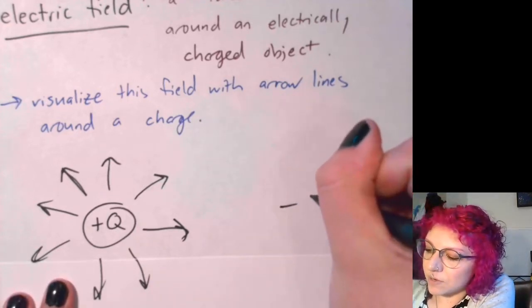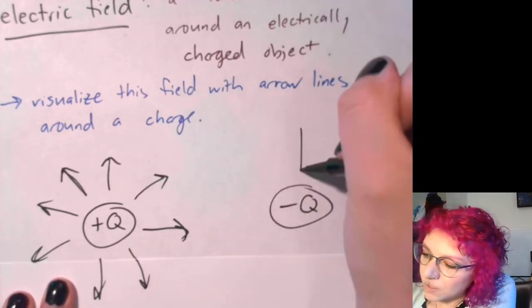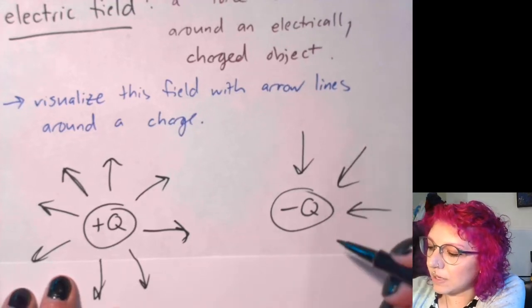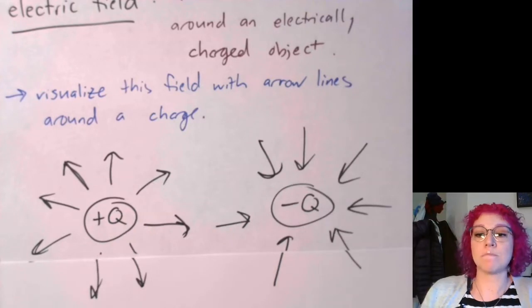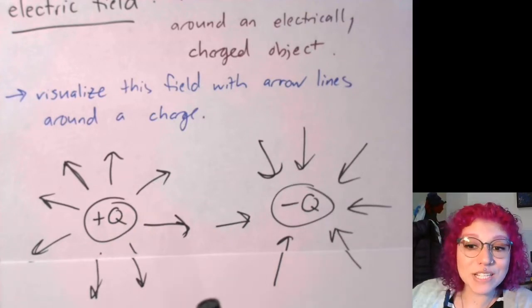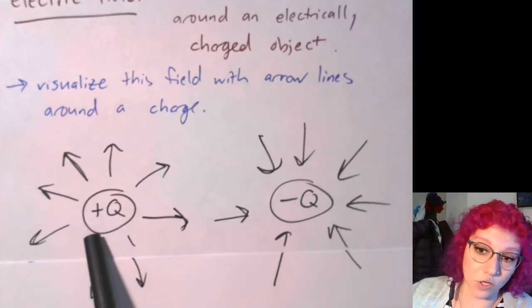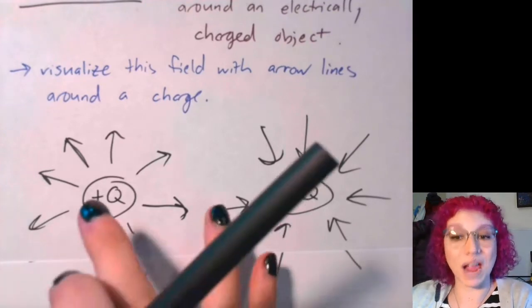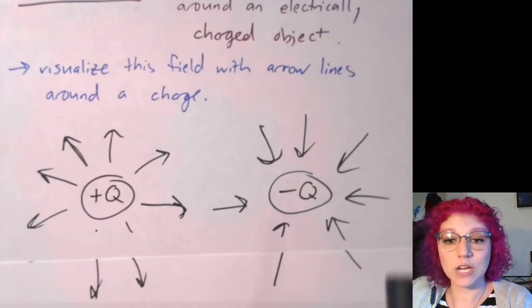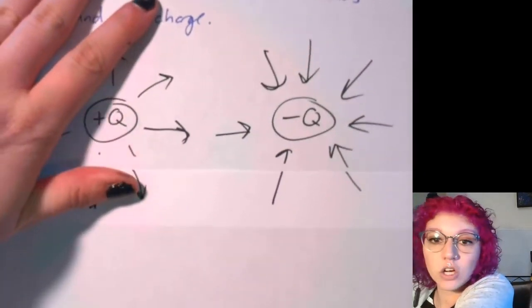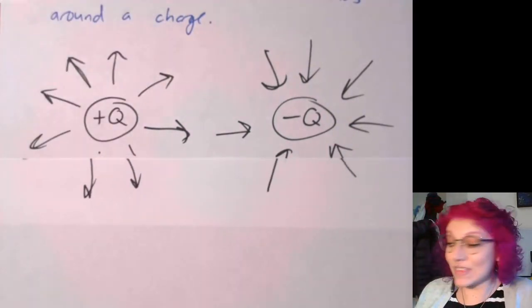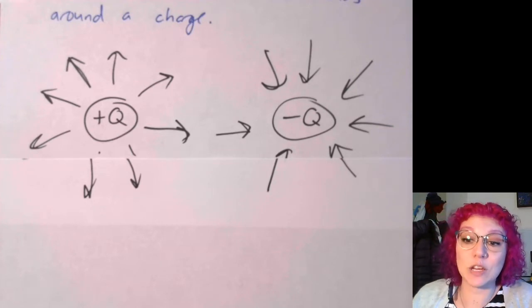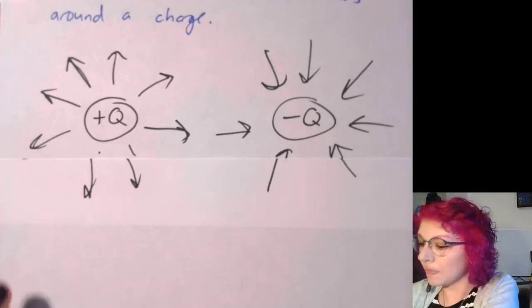Let's take a negative charge. Arrow, arrow, arrow, arrow, arrow, arrow, arrow. Okay. Notice how my positive charge has the arrows pointing away and my negative charge has the arrows pointing towards it. This is specifically the convention we use, okay?